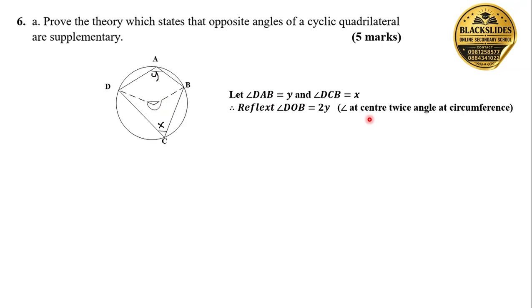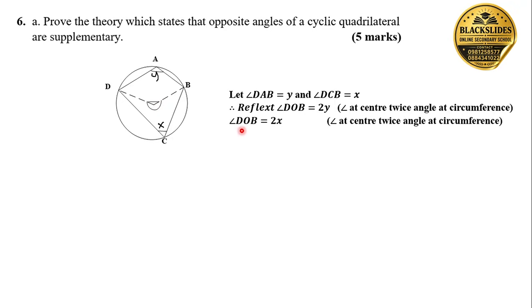We are using another theorem that says that an angle at the center of a circle is twice the angle at the circumference. So this angle is 2Y, which is this angle multiplied by 2.